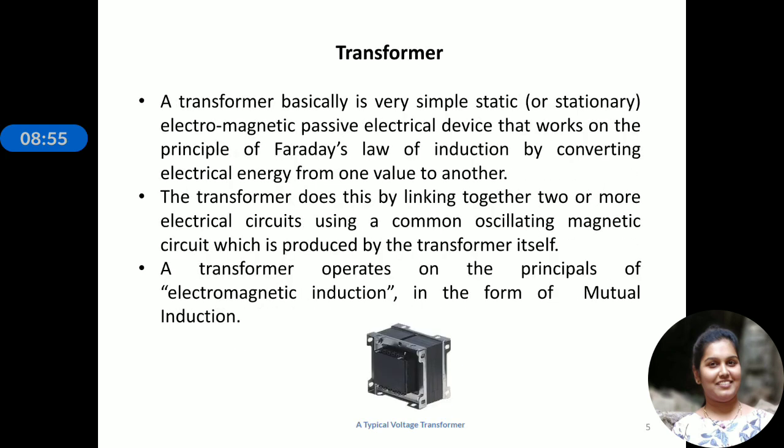When we talk about a transformer, we have to know about its capabilities, right? So what does a transformer actually do? The transformer will transform the voltage or current from one level to another level. Either it may increase or decrease.